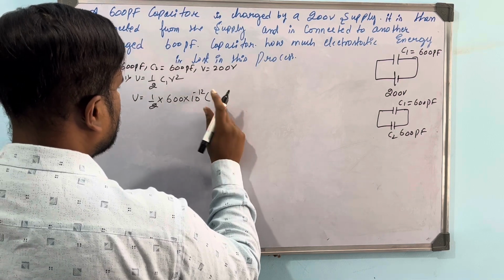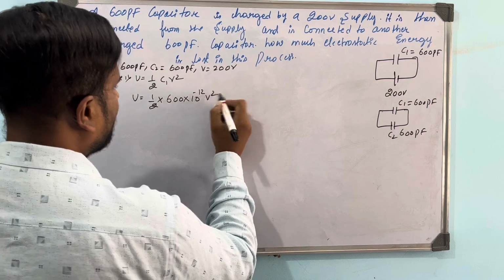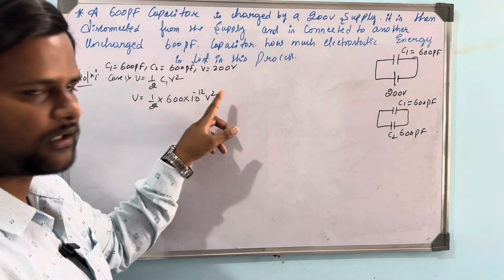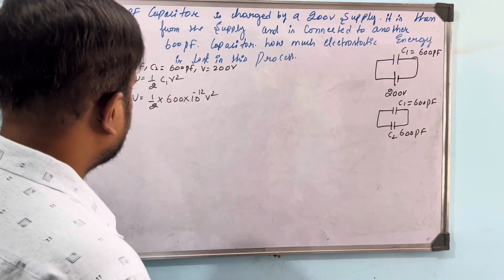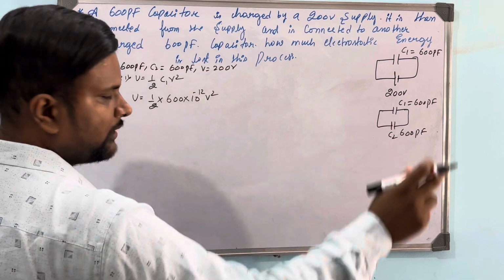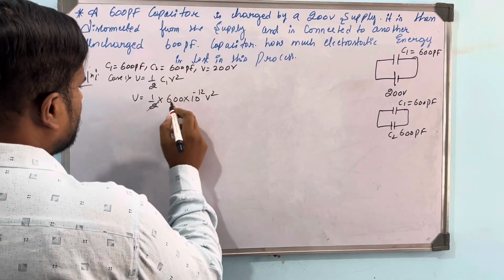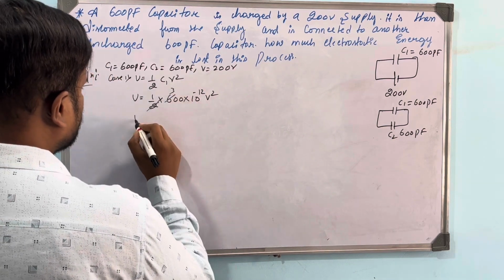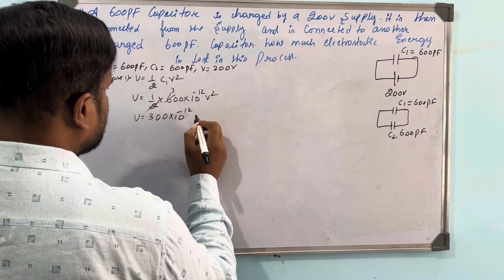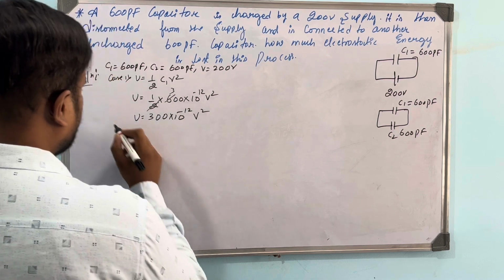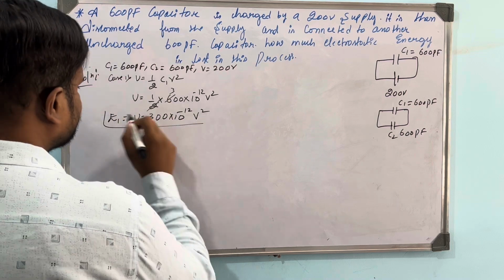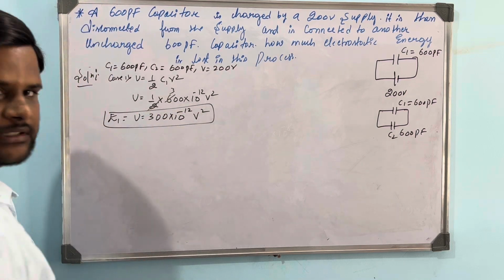I will substitute the value of V at the final step for simplification. So U becomes 300 into 10 to the power of minus 12 V square. I will call this energy E1 or U. This is case 1.